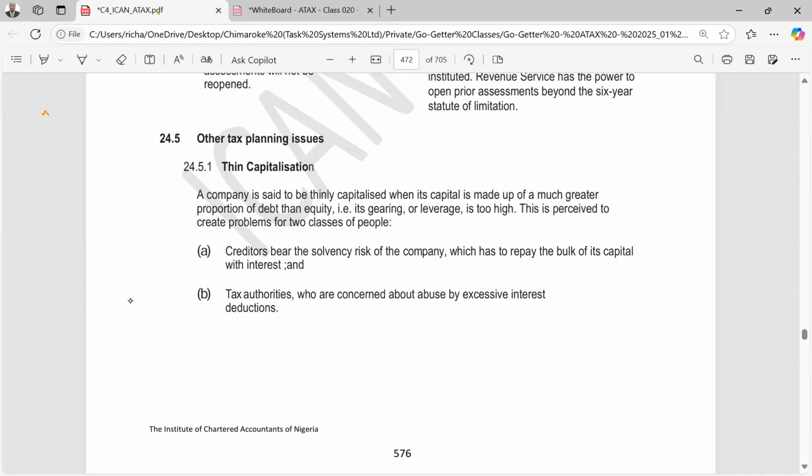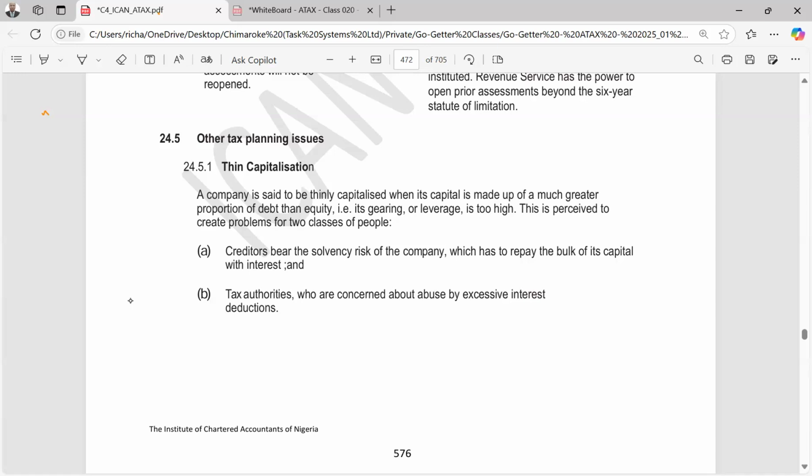Imagine that you have an income and you have huge capital, you have a huge interest to pay. The interest will be treated as allowable expenses, and your eventual taxable income will be very much reduced.